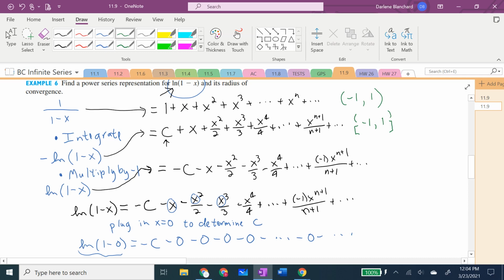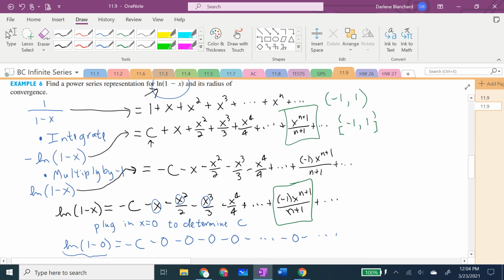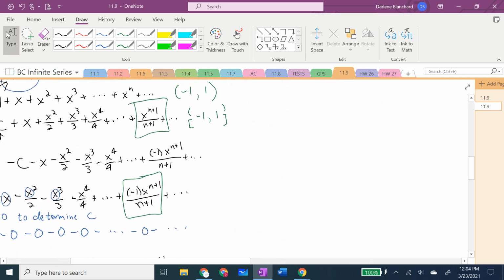And solving for C was just its own thing. So basically, I can take this formula, or if I prefer, I could take this formula. If you look at the two of them, do you see that they're going to give you the same answer for converge or diverge? And whichever one you want to use, the endpoints have to be checked.